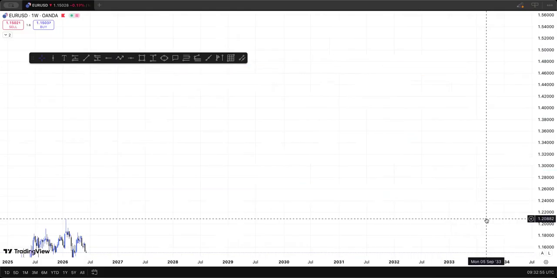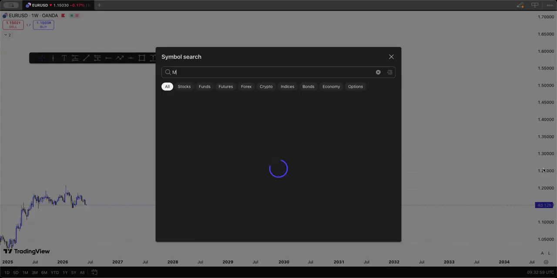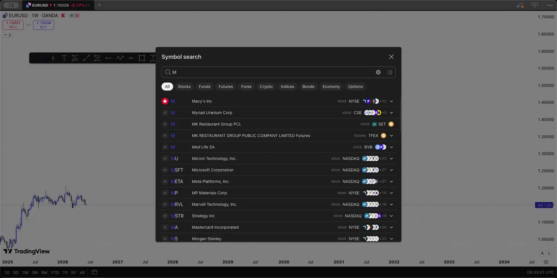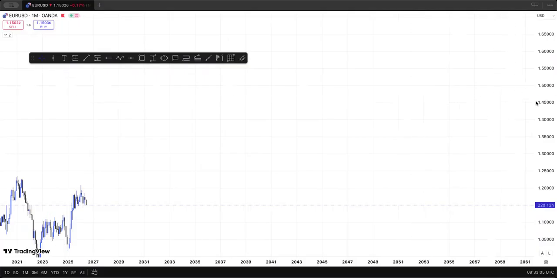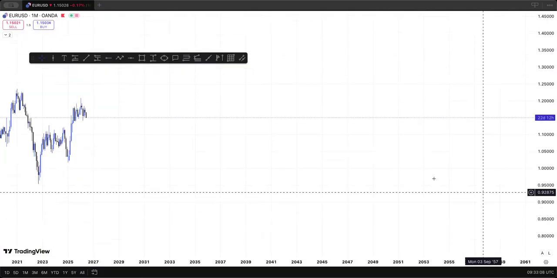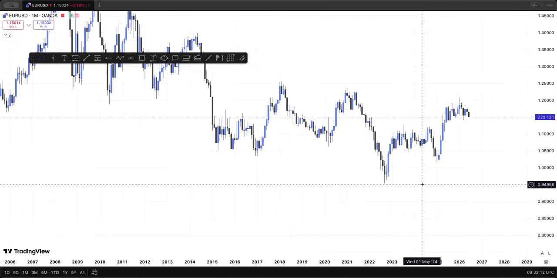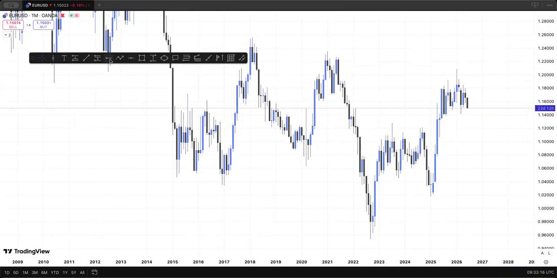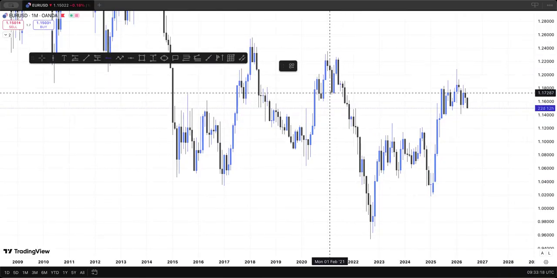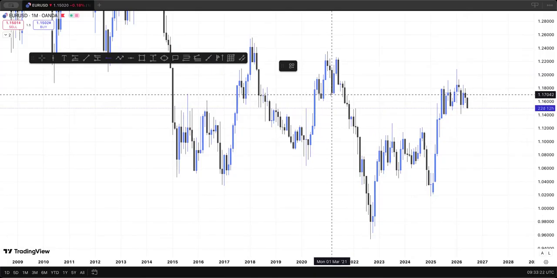So I start from the monthly time frame. So on the monthly time frame, we could see that there was a resistance right here.